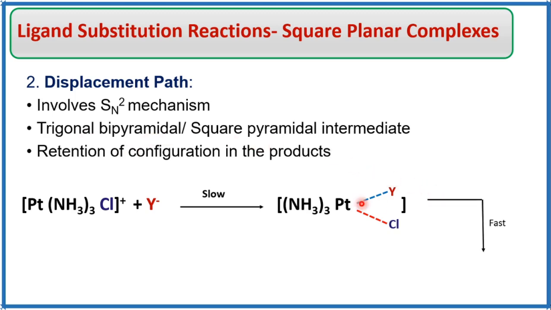This moiety will undergo a fast dissociation of the Cl to produce our desired complex, [Pt(NH3)3Y]+, and Cl is coming out. So in this way, we are calling it the displacement path. Why? Because directly the entering ligand Y minus is replacing the existing ligand Cl. So therefore, we are calling it the displacement path.